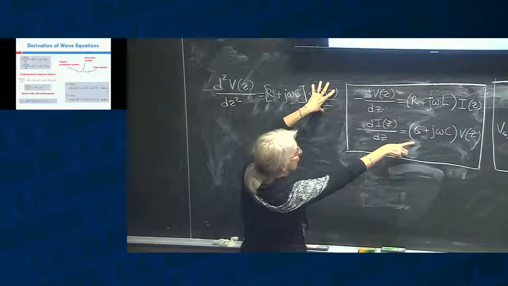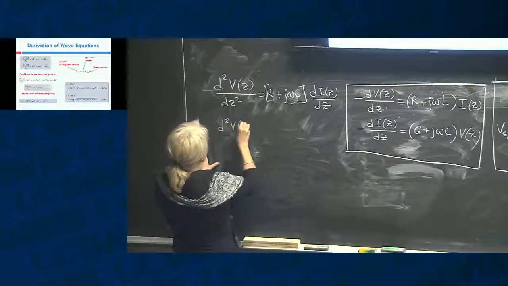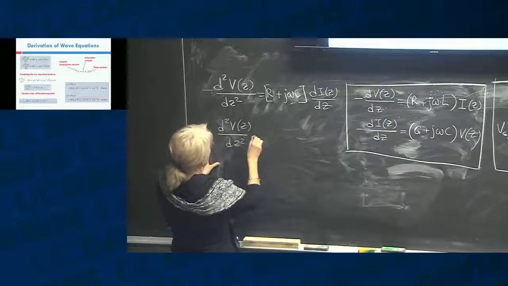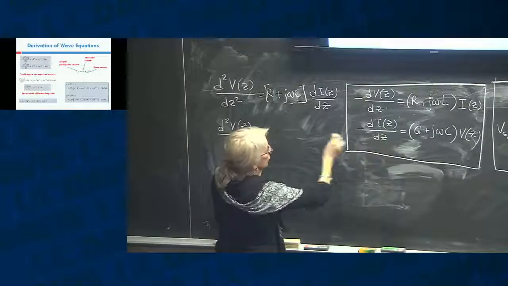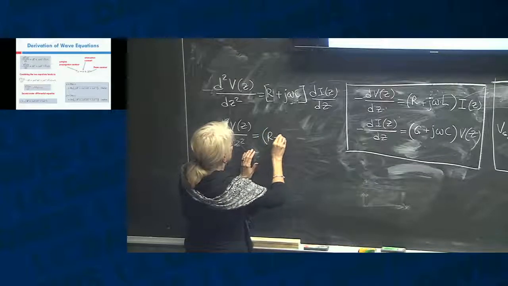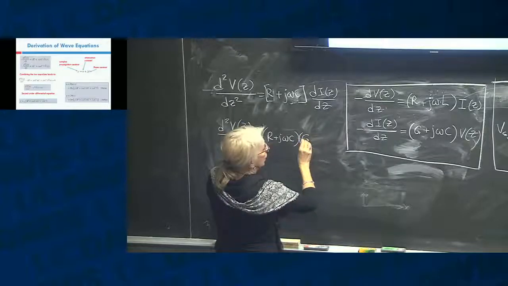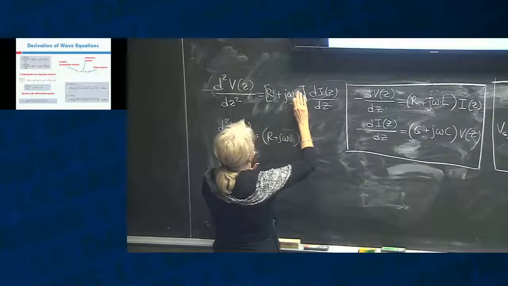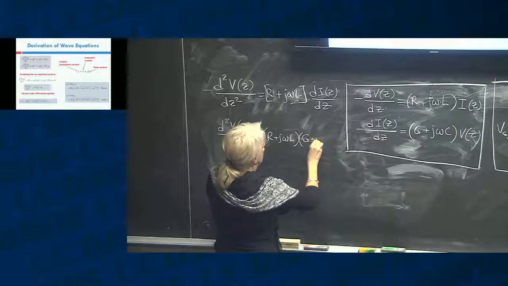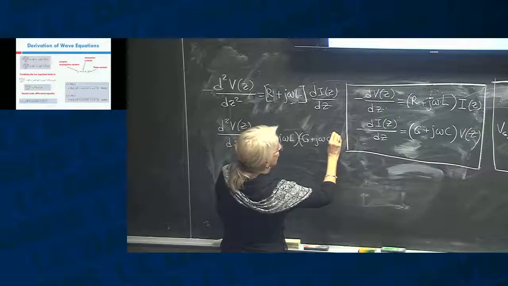So I can plug in here, and what I will have is d squared V of z over dz squared equals (R plus j omega L)(G plus j omega C) V of z.